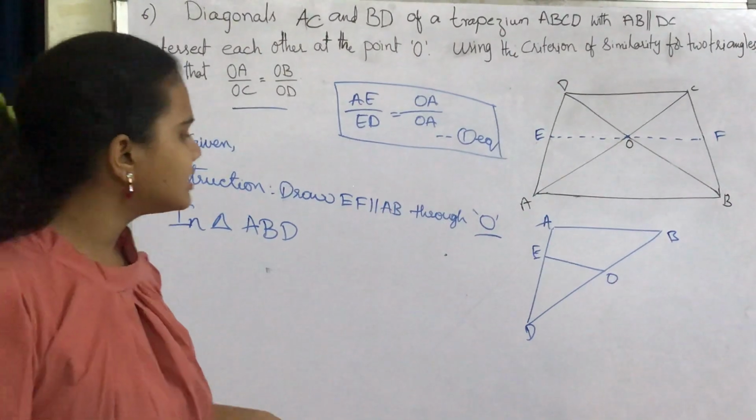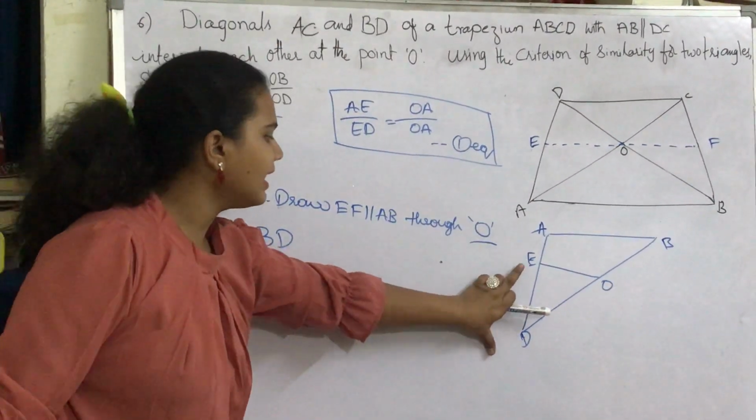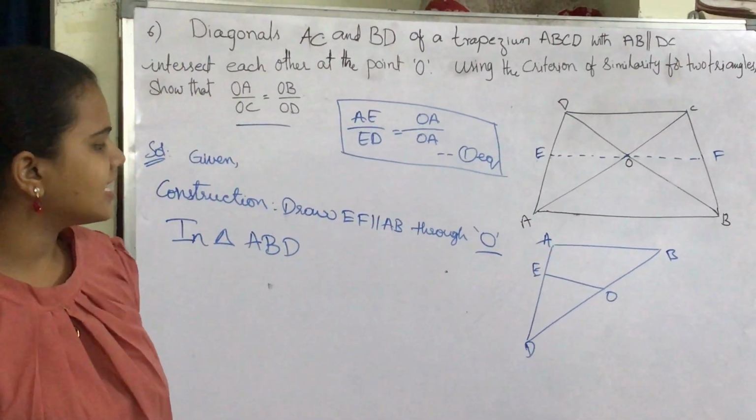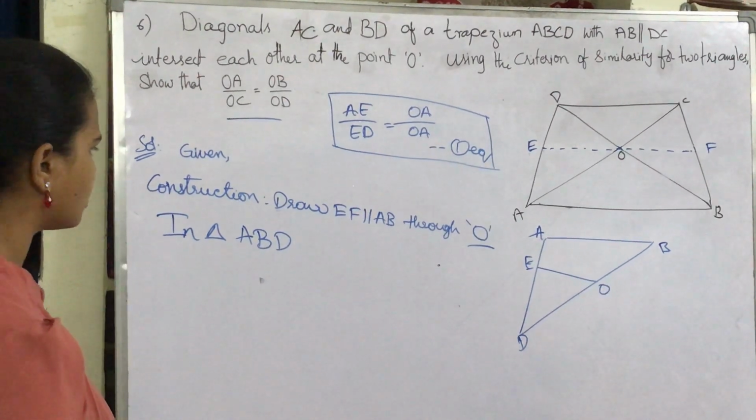As EO is drawn parallel to AB, then AD and BD are divided in the same ratio.